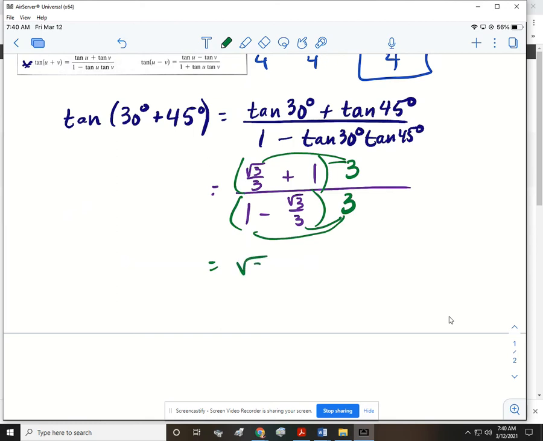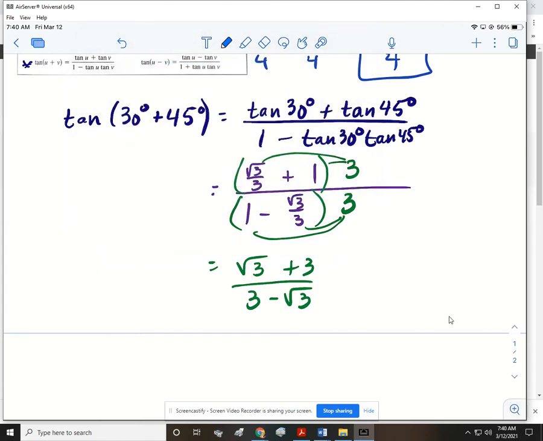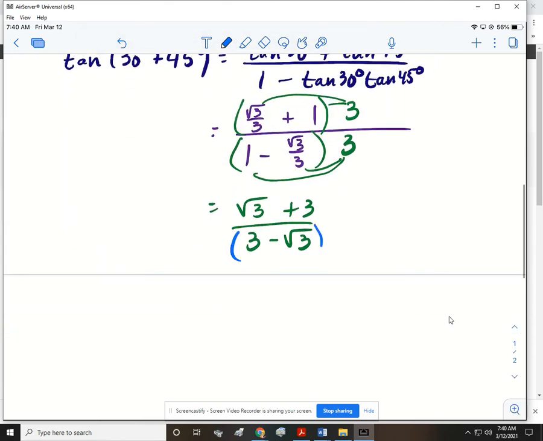When you do that, you get rid of the fractions. Okay, and then there's one more thing I need to do now, which is to get rid of the radical in the denominator. And the way to do that is to multiply by the conjugate of it. So instead of 3 minus the square root of 3, it's going to be 3 plus the square root of 3.